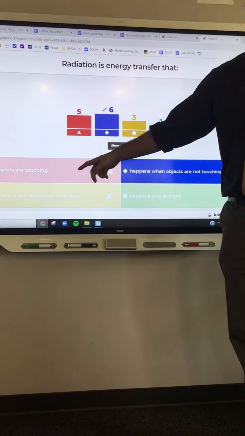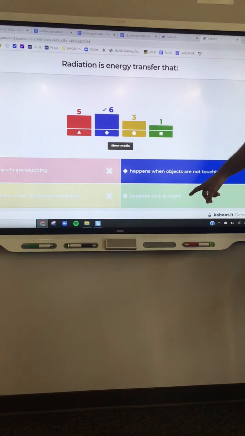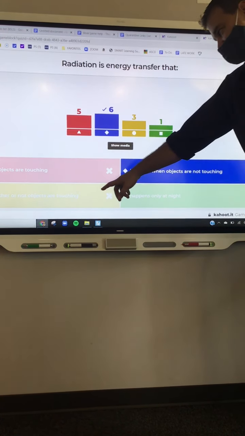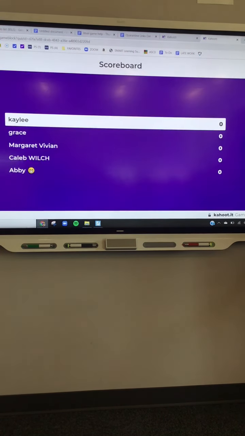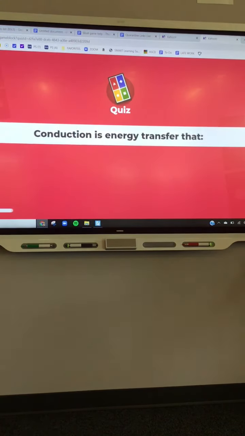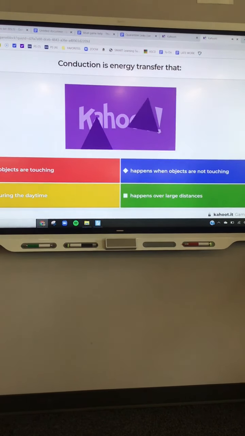No, that's conduction, right? Happens only at night? That's just a weird answer. Who picked that? Who picked it only happens at night? Me. Okay. Well, we're all going to be winning. Conduction is energy transfer. I just told you this one.